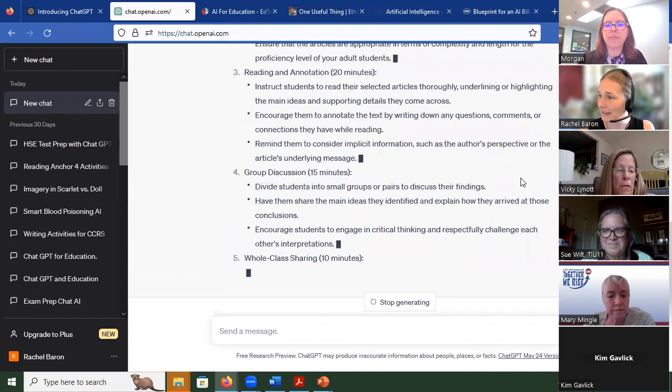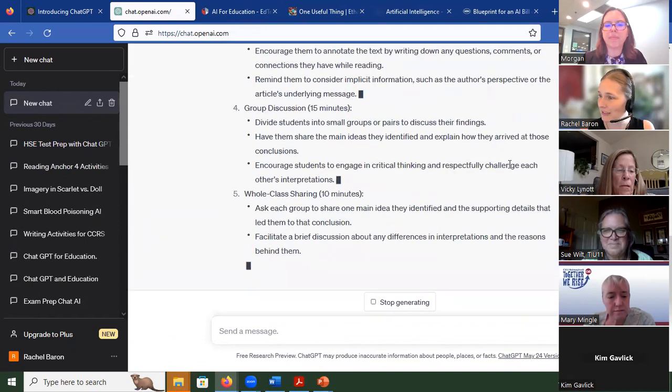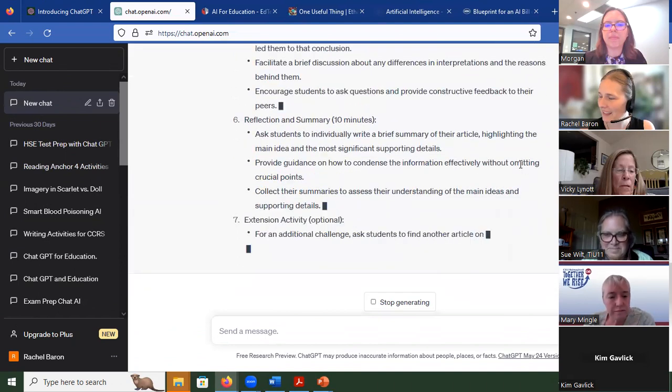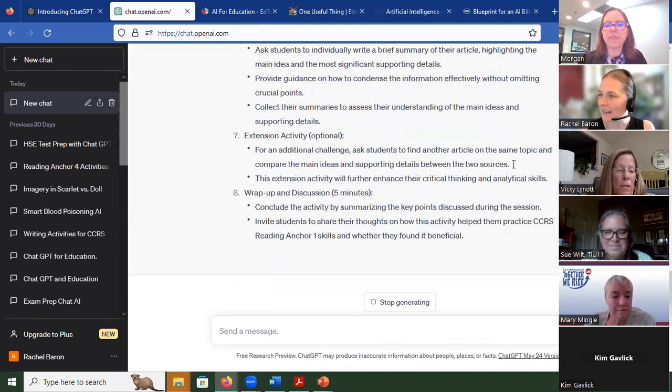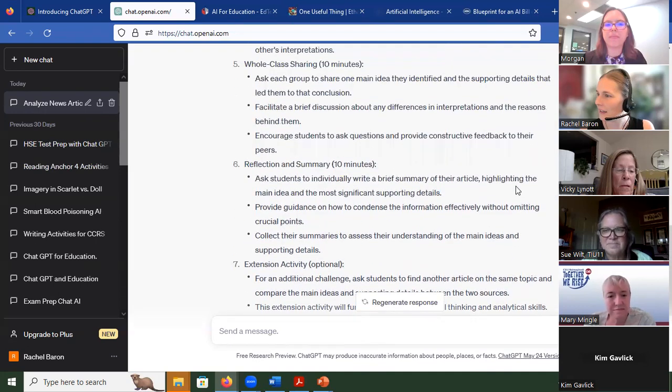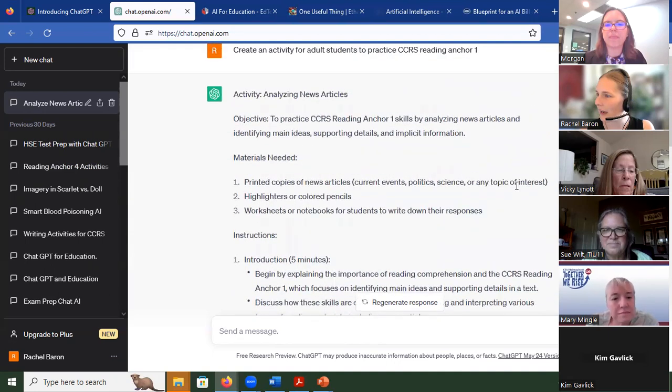So this is a lot of information here. The thing that amazes me every time is how fast this happens. And that's one of the reasons I wanted to do this live. So we have to practice CCRS reading skills 1 by analyzing news articles and identifying main ideas, supporting details and implicit information, and it lists the materials needed.